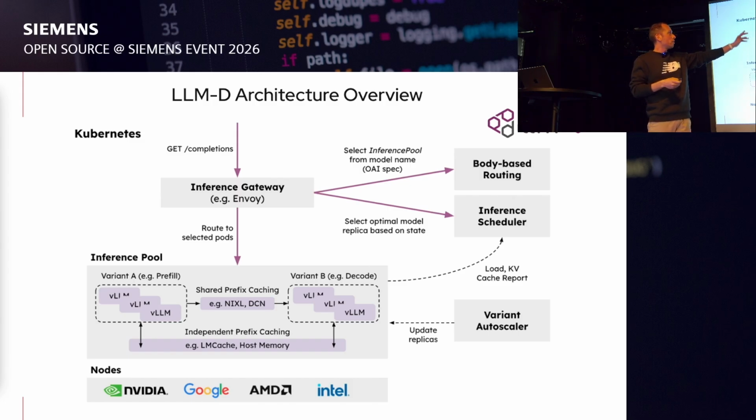So the inference scheduler gives back the execution flow to the inference gateway, telling it basically to route this request to this pod because it's the best pod that we can route the request to because it has these KV cache blocks and so on. And then the inference gateway routes the request to the actual pods, and you get your response back.